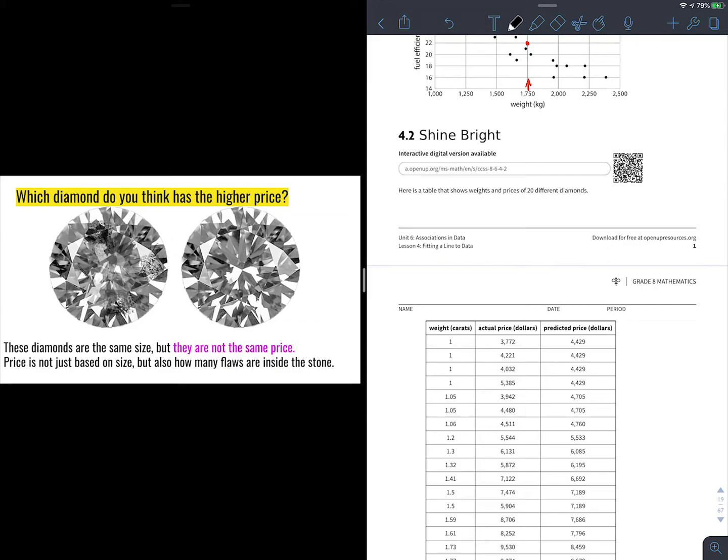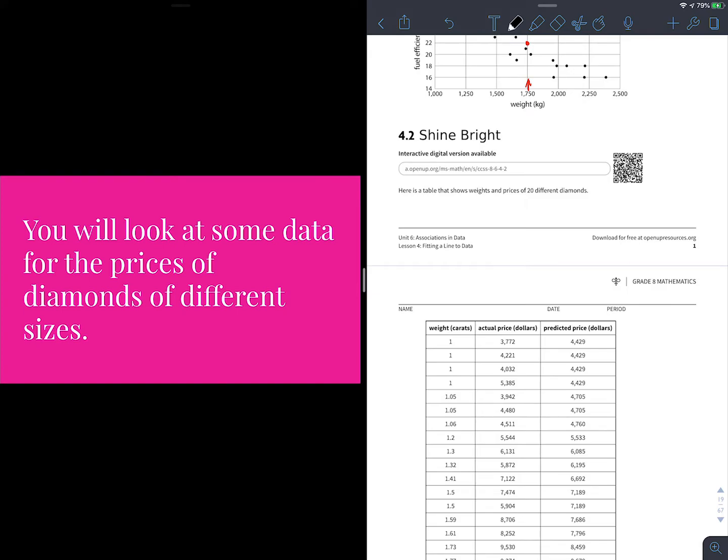If you look really closely at the stone on the left, it's not as clear as the stone on the right. So it has a lot to do with the clarity of the stone and not just the size of the stone. So you're going to look at some data for the prices of diamonds of different sizes, and that's what's going to be in this next activity on page 24.